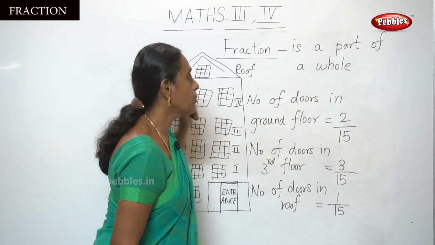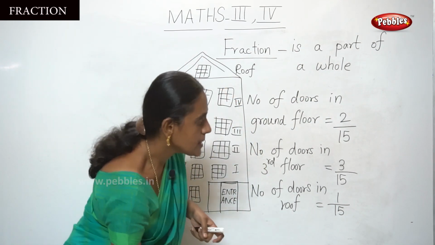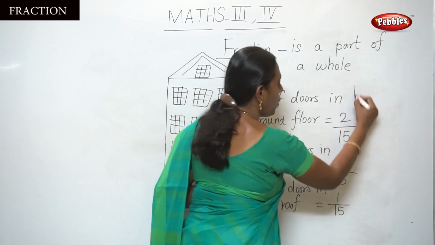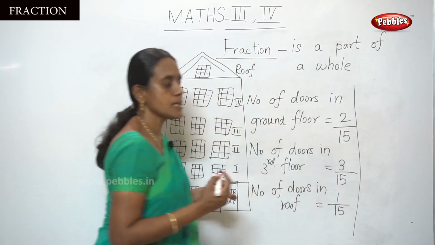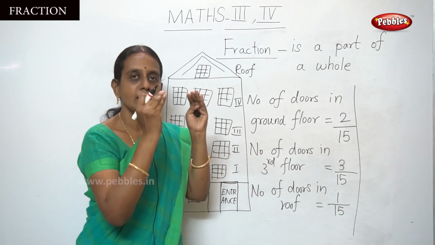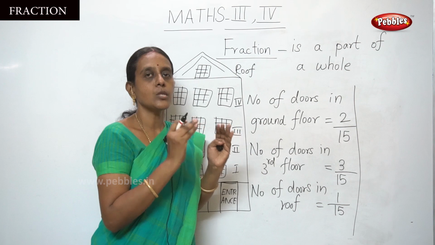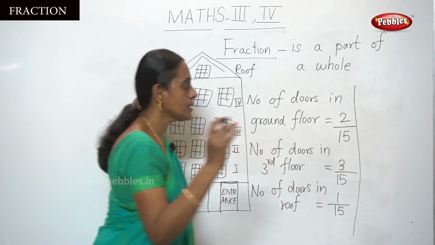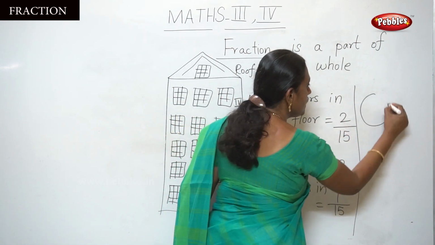One more example for your reference. Suppose your mom bought one pizza, or let us make it one dosa, and your mom is going to divide it among 3 persons. Simply, this is a dosa.